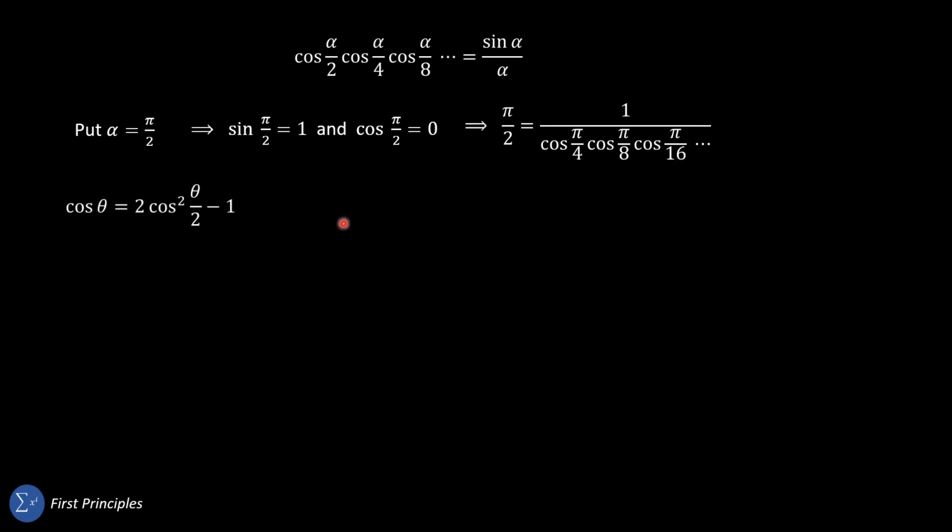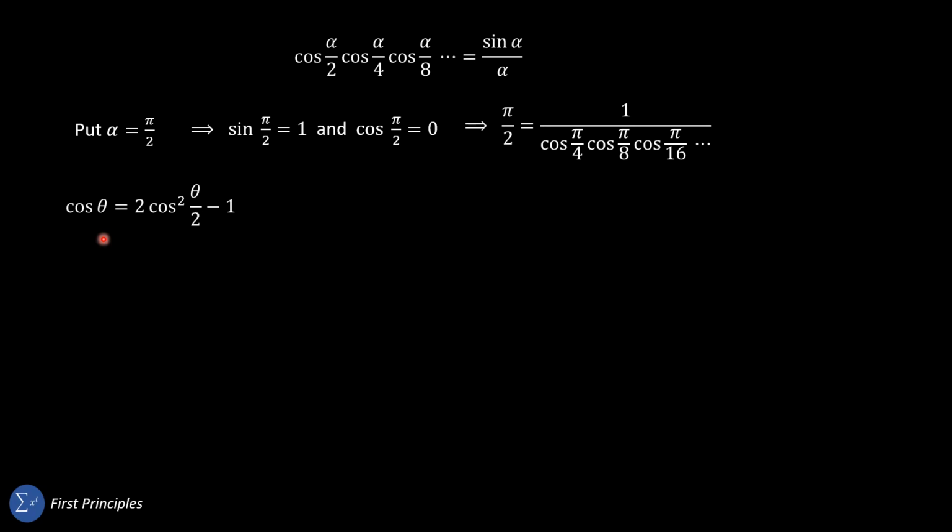Now recall that cosine of theta is simply 2 times the square of cosine of theta divided by 2, minus 1. This is simply the formula for cosine of double angle. We usually see this formula as cosine 2 theta equal to 2 cosine squared theta minus 1.